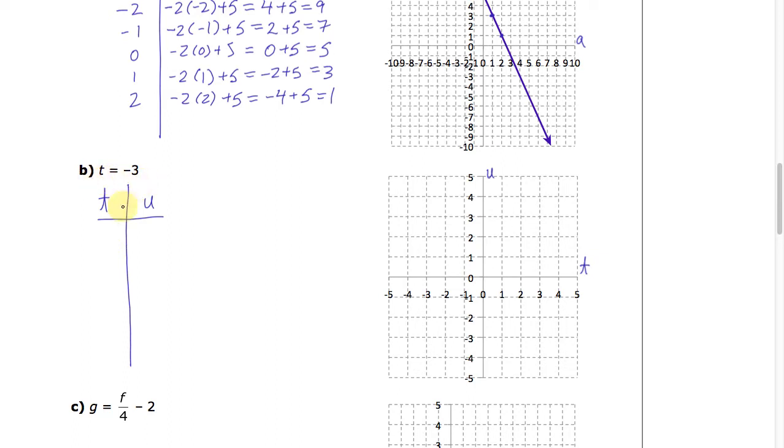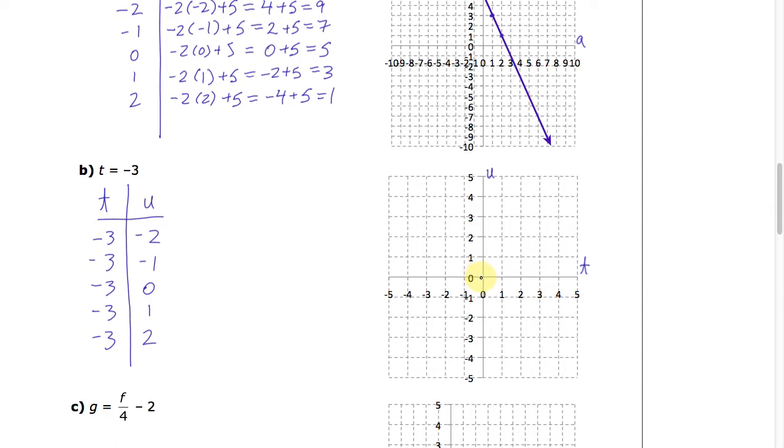Now, no matter what, t is going to be equal to negative 3. So for every single value of u, whether it's negative 2, negative 1, 0, 1, or 2, or it doesn't matter what else it could possibly be, we're going to have negative 3 for t.